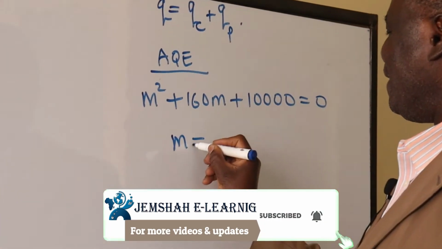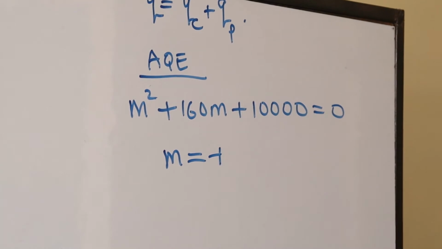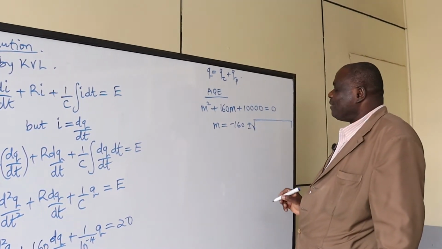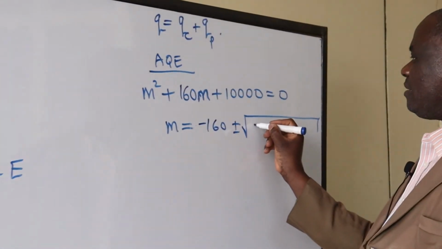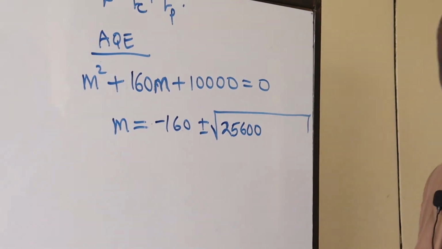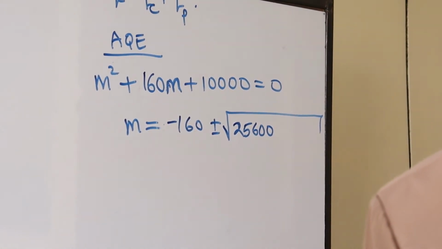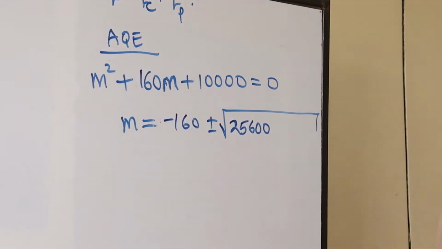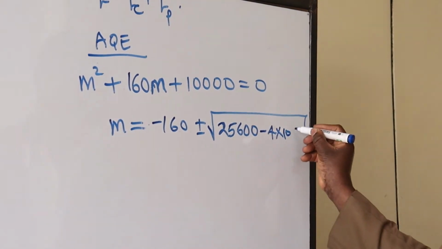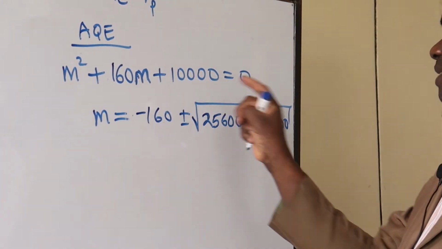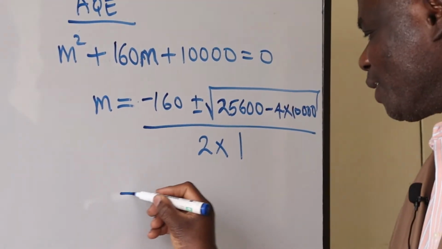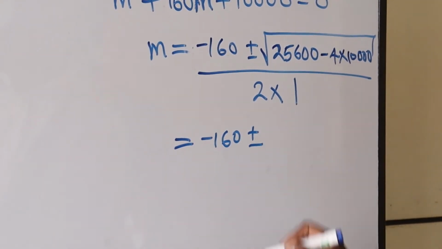This gives m equals minus 160 plus or minus the square root of b squared, which is 160 squared, 25600, minus 4AC, 4 times 1 times 10,000, all over 2A, all over 2 times 1.